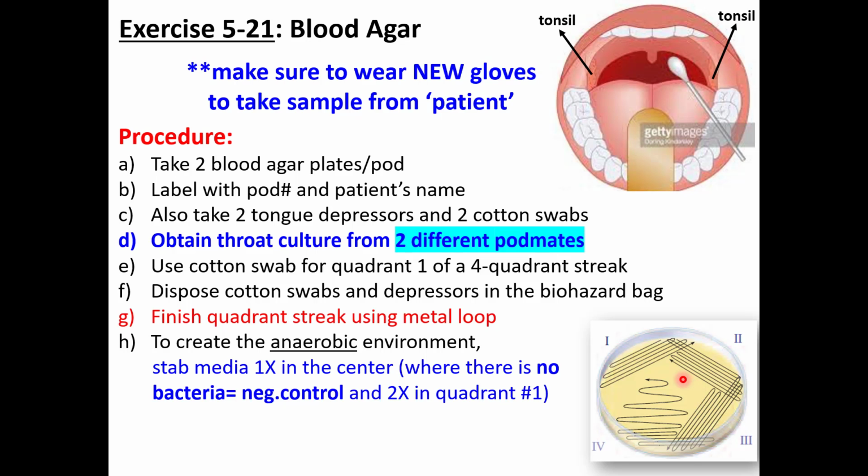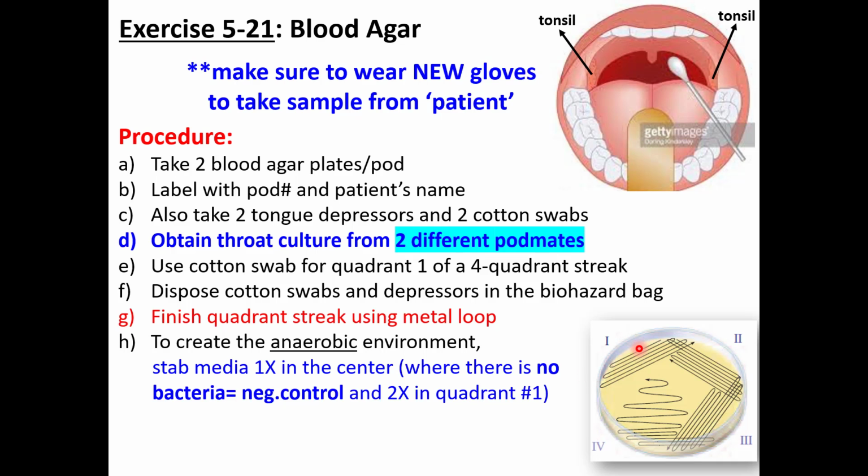So we would try to do 2 cuts in the center. You can see here that in the center there's no bacteria, so we will try to do this here first. After finishing your 4-quadrant streak, you flame your loop again, and as the loop is now sterile, you do 2 cuts in the center. Then, without flaming it again, we do the same thing in the first quadrant, because here we know there's a lot of bacteria.